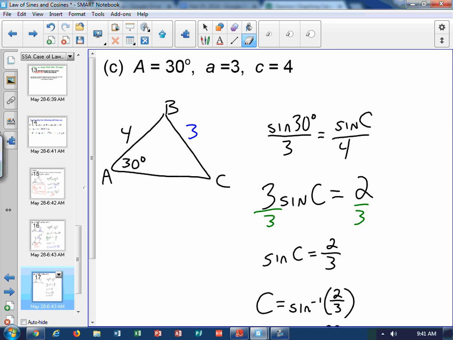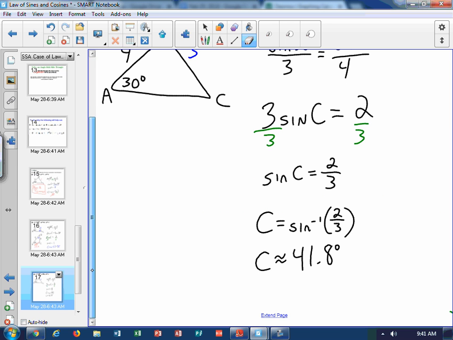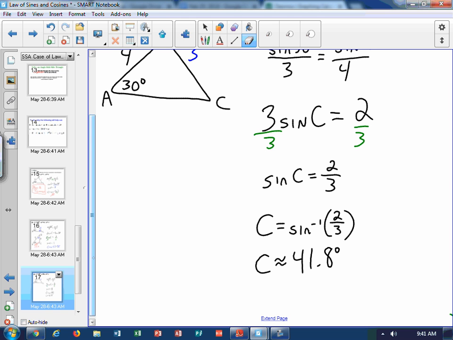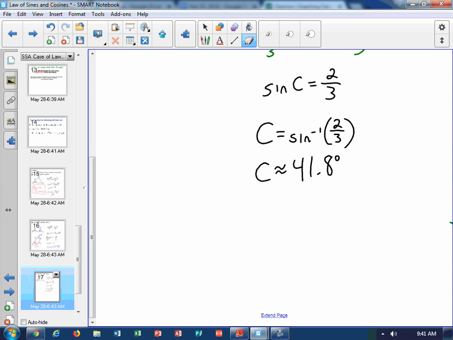And what that means for us is there's actually 2 values whose sine is equal to positive 2/3. One of them is the sine of 41.8 degrees. That gives you about 2/3. The other one is we take 41.8 and subtract it from 180. 180 minus the 41.8 will give us an angle of 138.2.